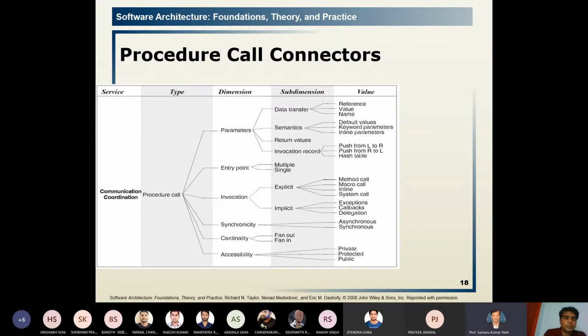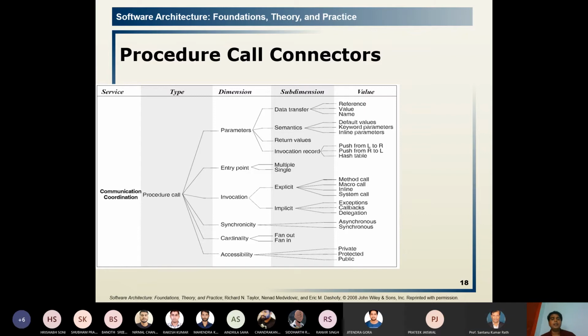So it belongs to 2 categories of service: the connector as a communicator and the connector as a coordinator. Out of the 8, one type is procedure call.